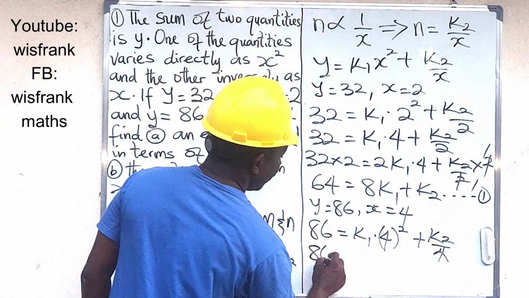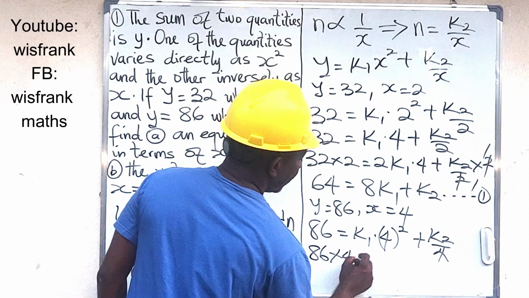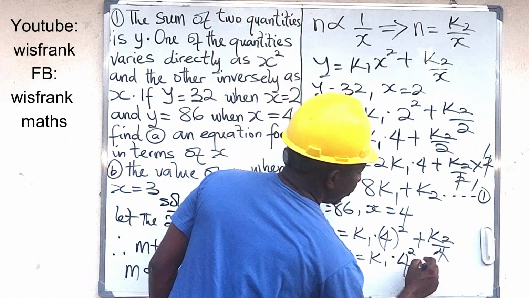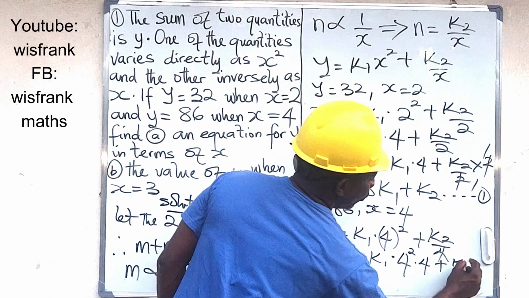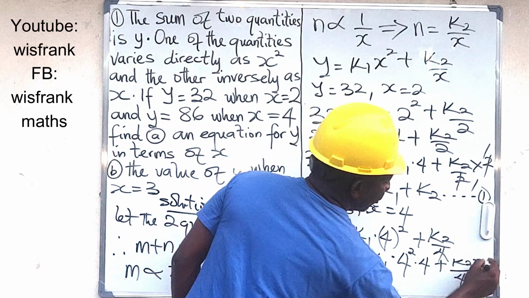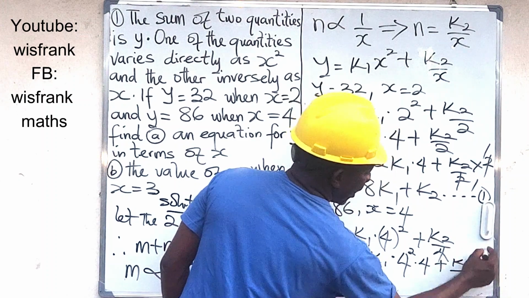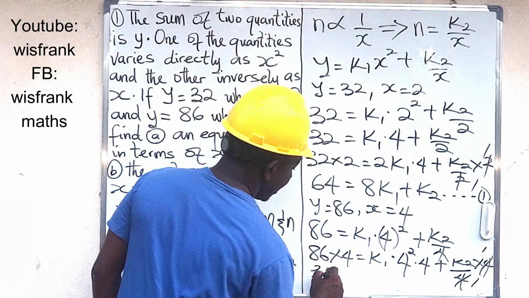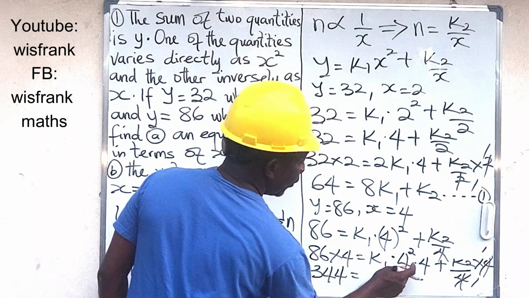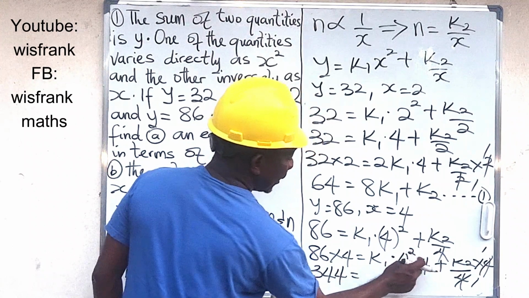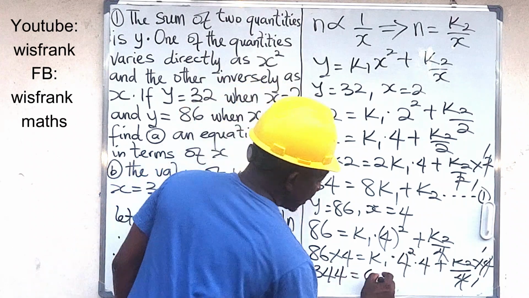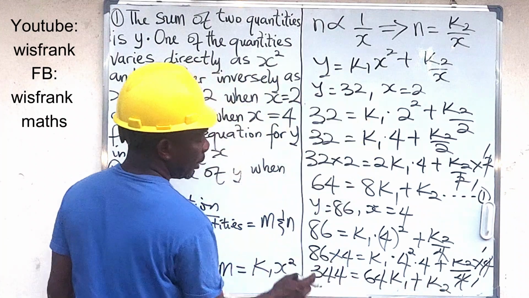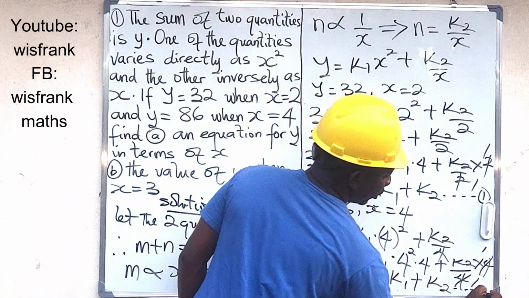So we have 86 times 4 equals k1 times 4 raised to the power of 2 times 4 plus k2 all over 4 times 4. 4 will cancel here, 4 will cancel here. We are now left with 86 times 4 is 344 equals 4 squared is 16, 16 times 4, we have 64 k1 plus k2. This becomes our equation 2.